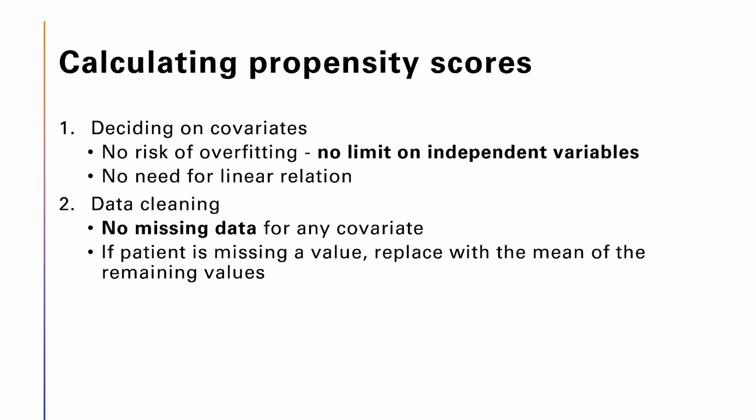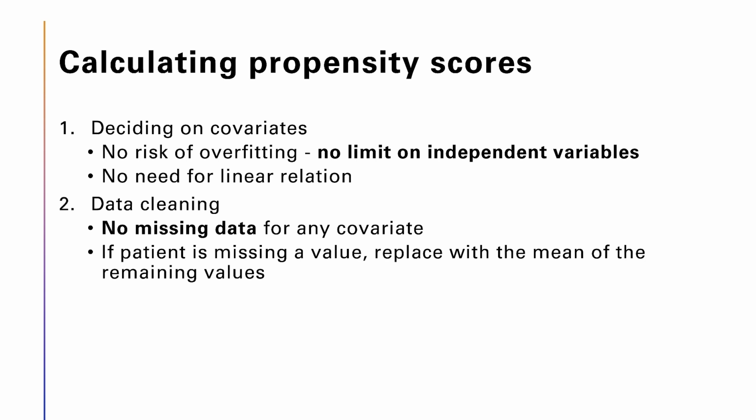So the more variables included, actually, the better. Additionally, there's no need to assess for linearity between the predictor and the outcome. So this theoretically makes propensity score less tedious than multivariate analysis, where you have to account for multicollinearity or a linear relation between predictors and outcome.